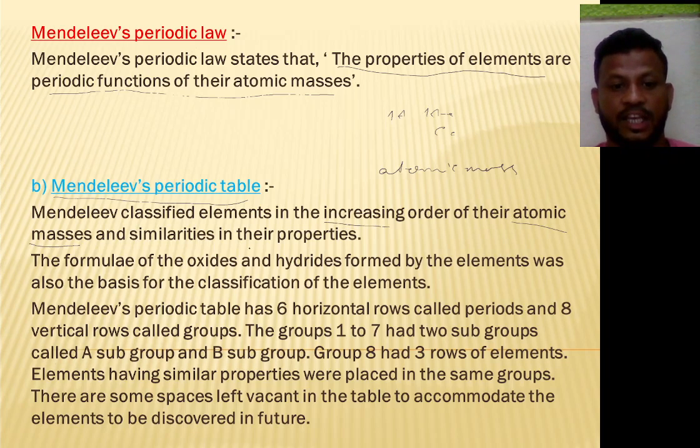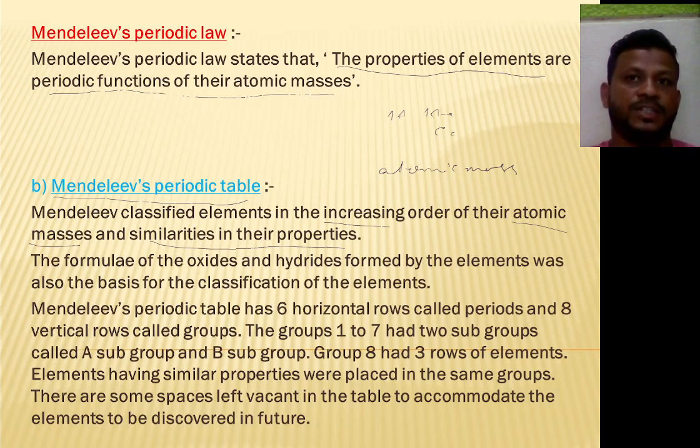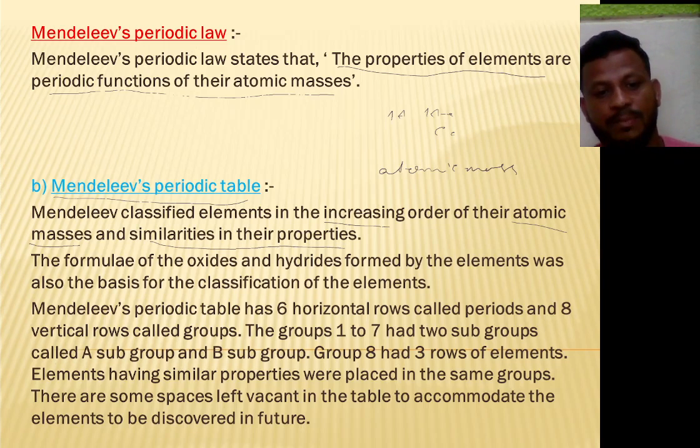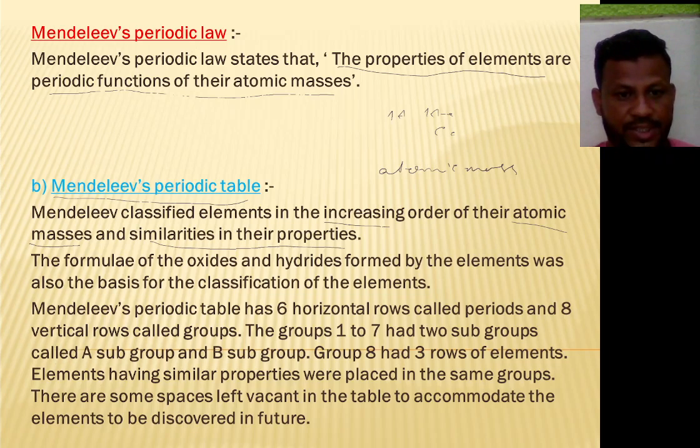And second, he selected elements having similar properties. According to Mendeleev, he selected elements with similar properties and increasing atomic mass, and after that he started the classification of the elements. Let us see what he did.